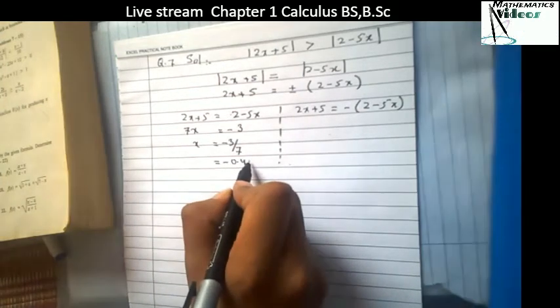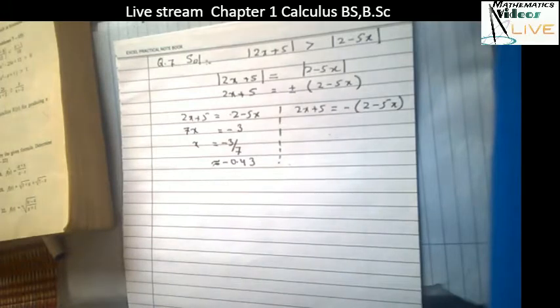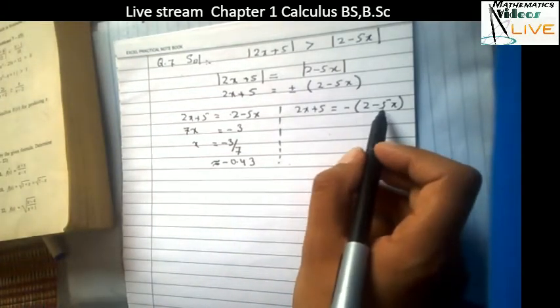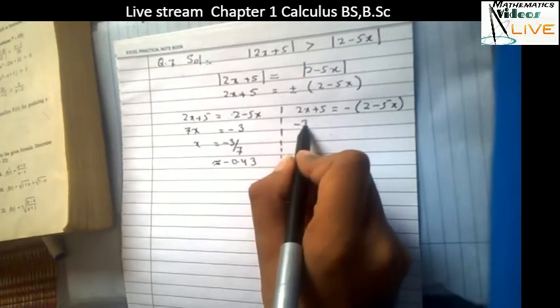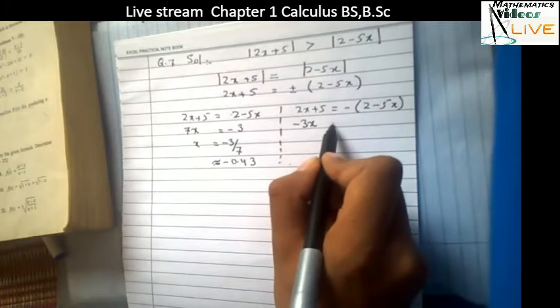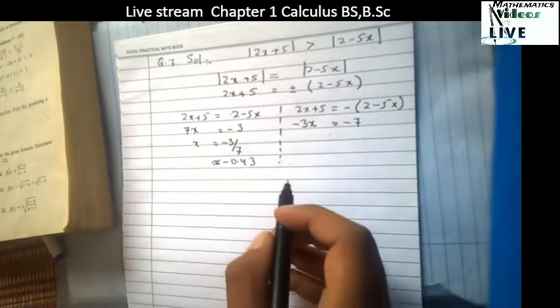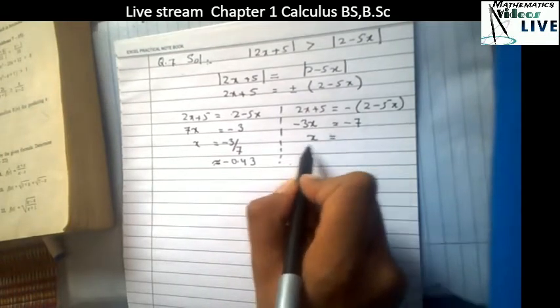From this equation we get 7x is equal to minus 3. So x is equal to minus 3 divided by 7, and minus 3 divided by 7 is equal to approximately minus 0.43.